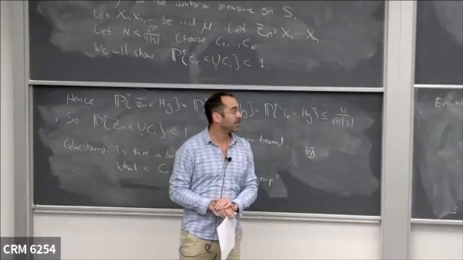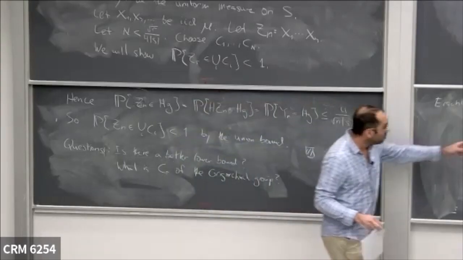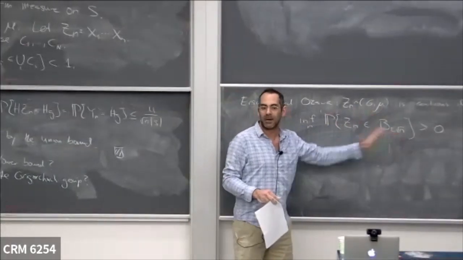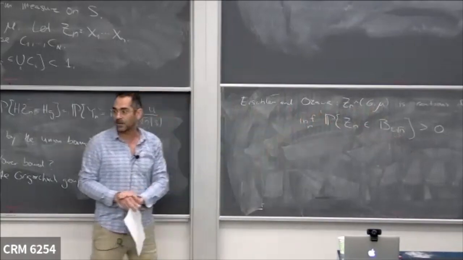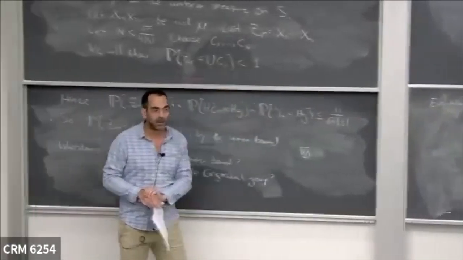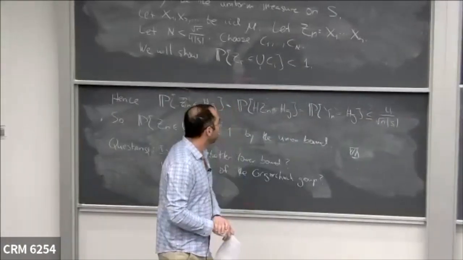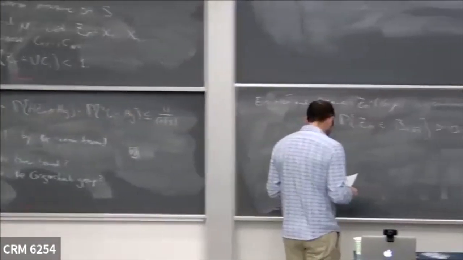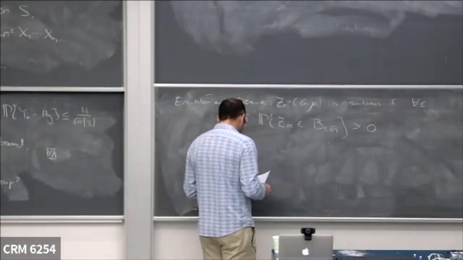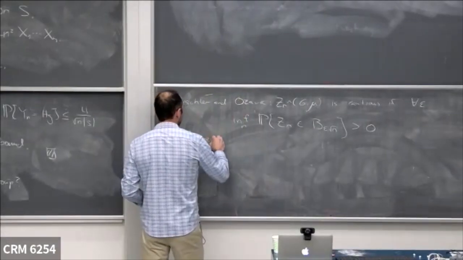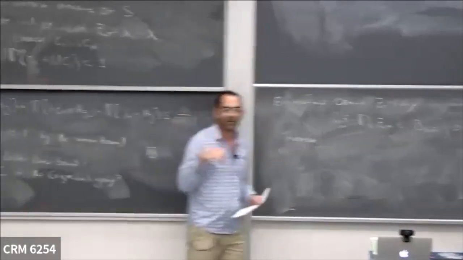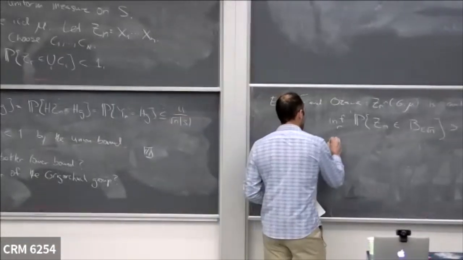I'm going to say that G admits a cautious random walk if there is some symmetric, finitely supported mu for which this holds. Now, here's the next result. I'm calling it a theorem, but it's really the same theorem that we had before, just rephrased.